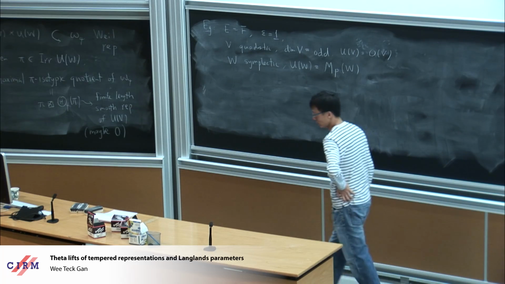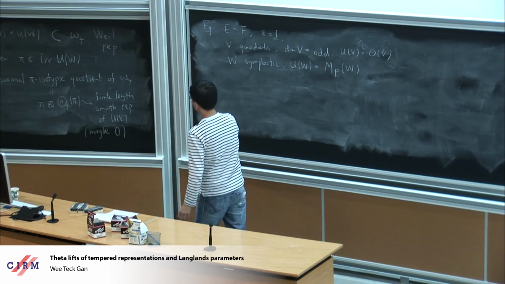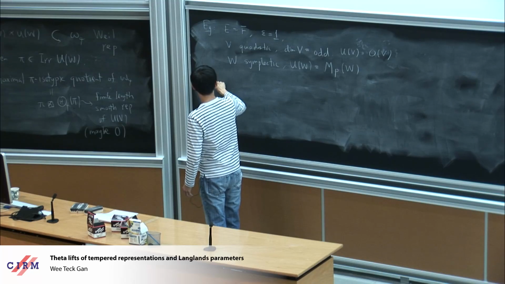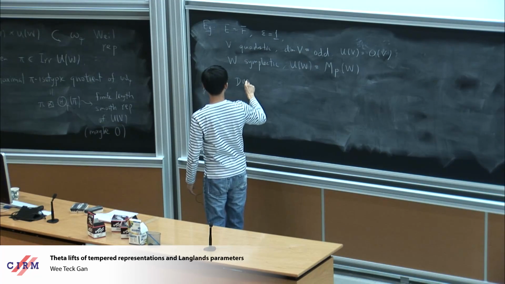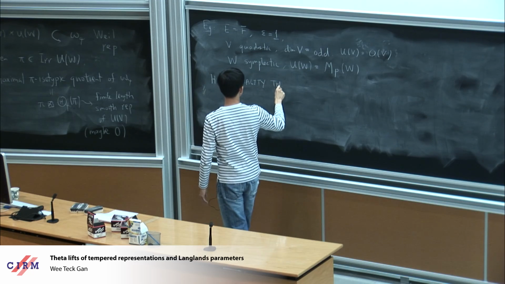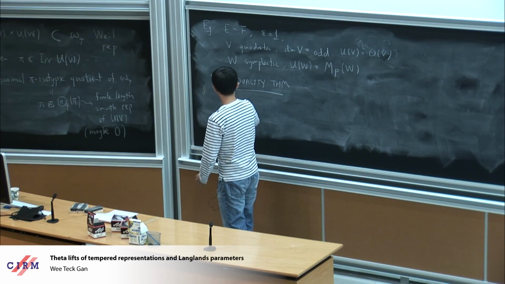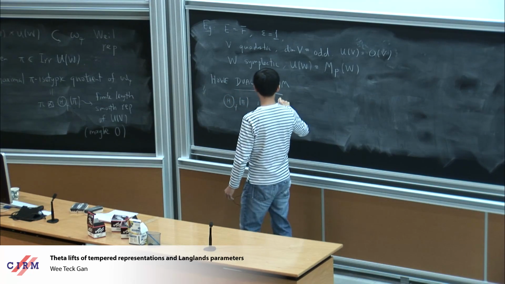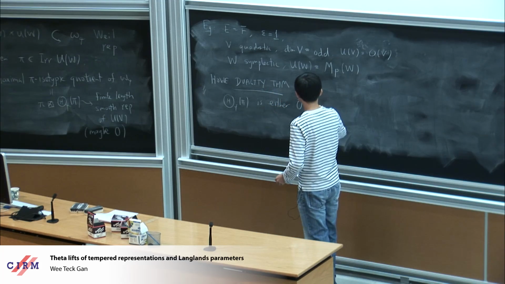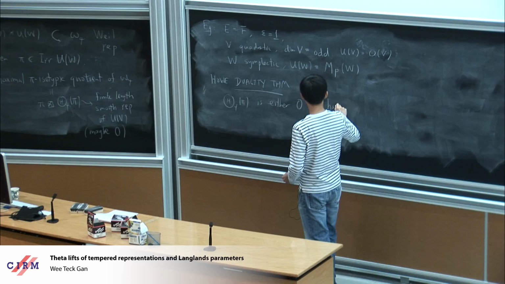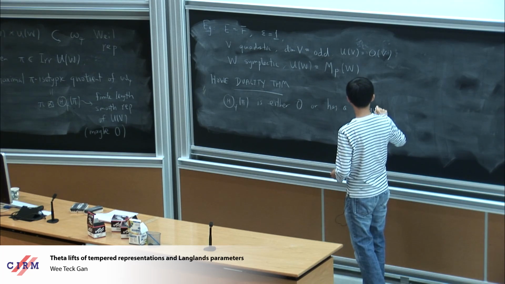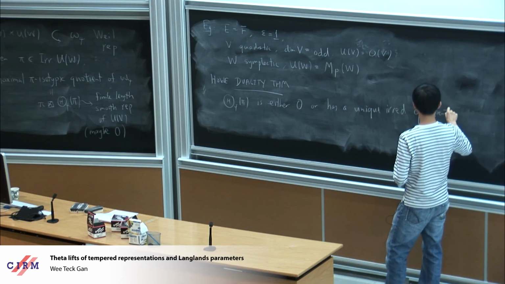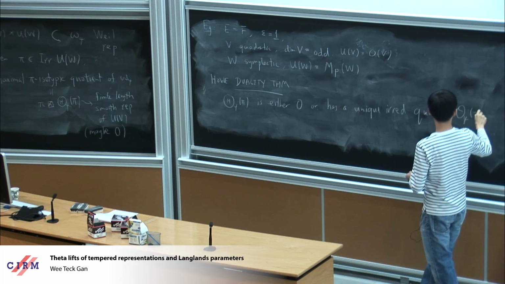So, okay. Now in this context, of course, the question is: given pi, what can you say about Theta of pi? There is a so-called Howe duality theorem that says that either it is zero, or else it has a unique irreducible quotient, which we will denote by a small theta of pi.